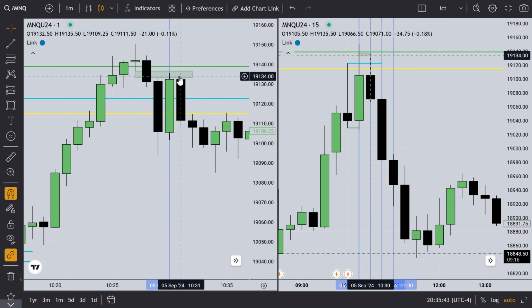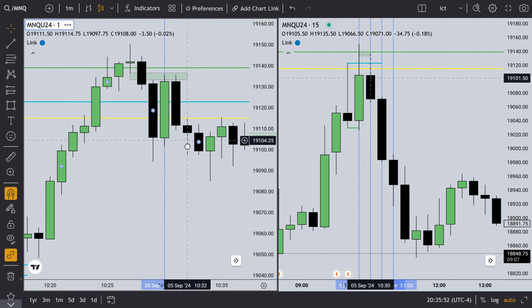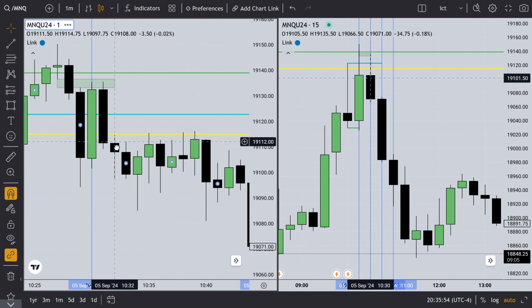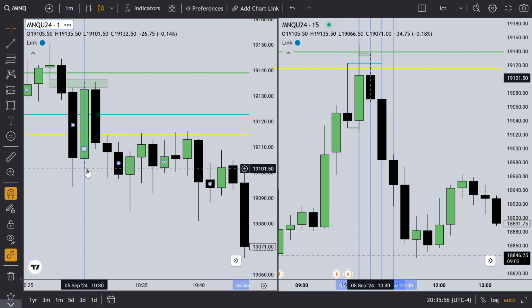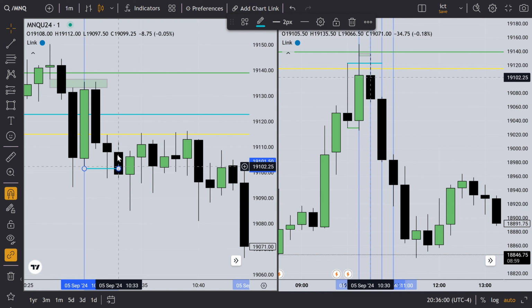Now, if you wanted to wait for a confirmation, what is the rule? Wait for a close below this candle. Here. Price closes below this low. Okay? See that? That's your confirmation.